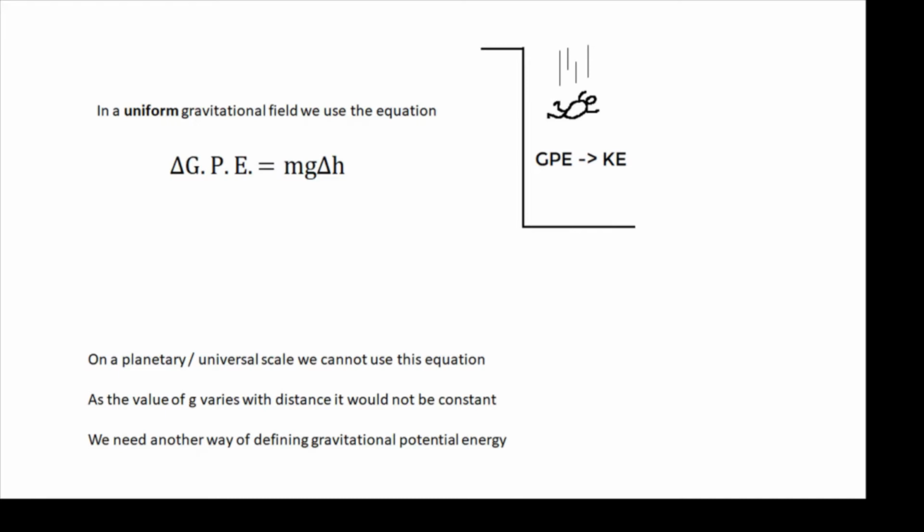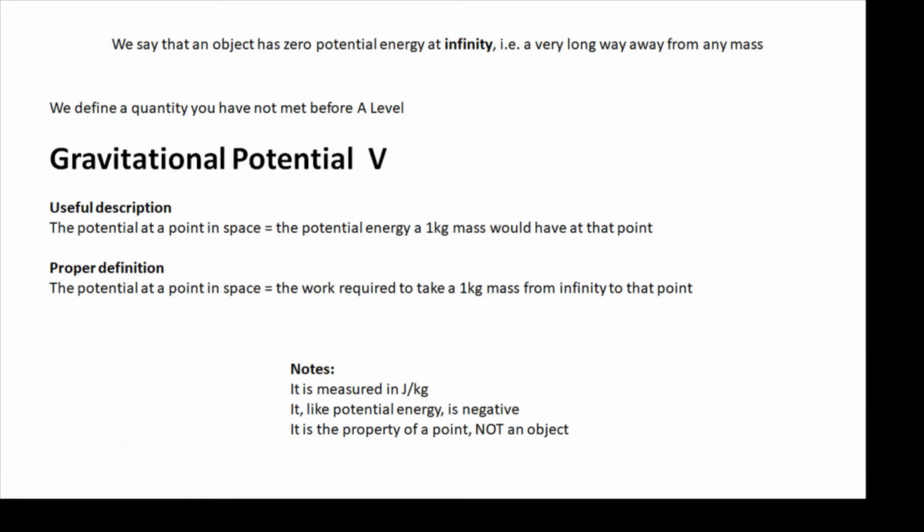You need another way of defining gravitational potential energy. Firstly, we say that an object has 0 potential energy, not on the surface of the Earth, but at infinity. Infinity is a very, very long way from everything. It's in deep space, on the edge of deep space. It's a theoretical place, a very long way from any mass.